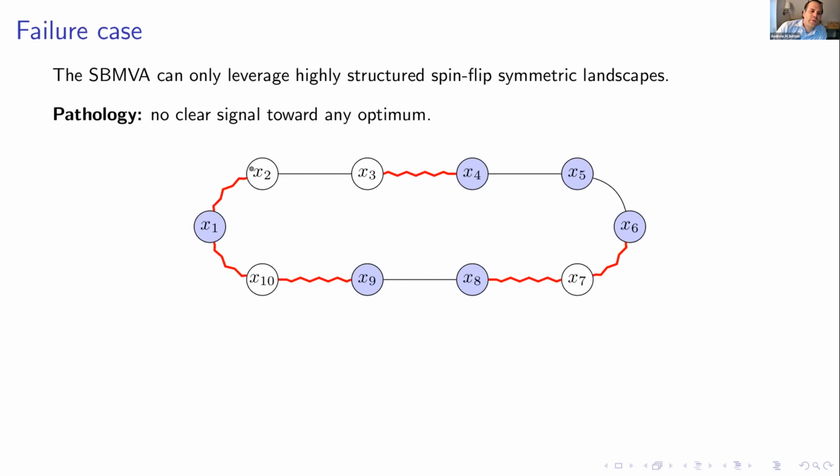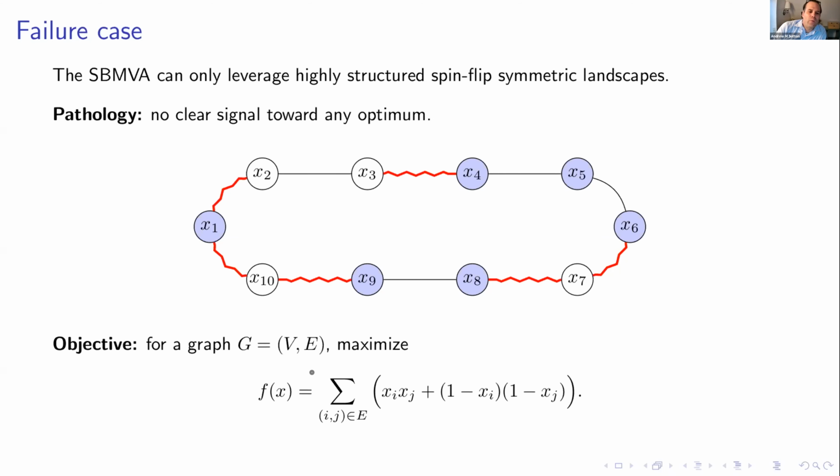And what we want to do is minimize the number of edges that are incident to vertices that have two different values. In other words, we want to maximize the number of edges that have the same value, either 1 or 0, between them. So you can imagine there's quite a lot of neutrality on this landscape.